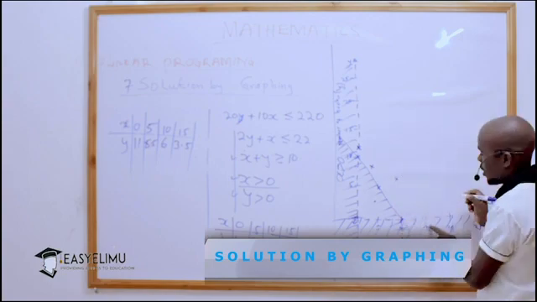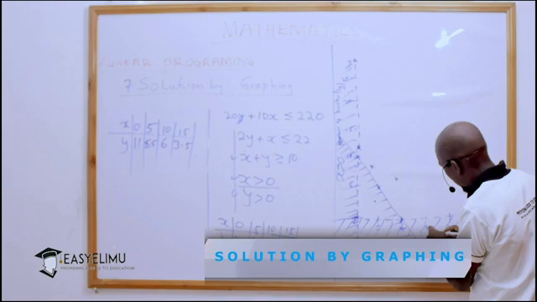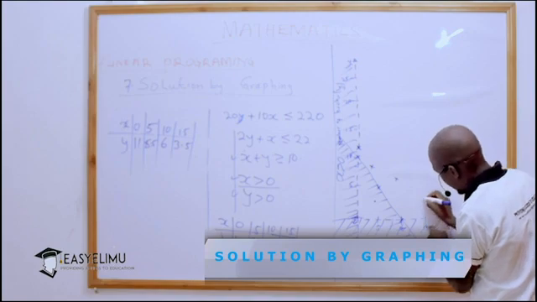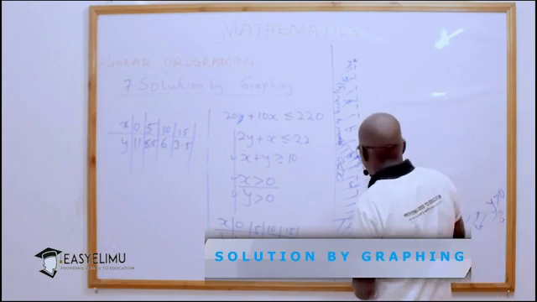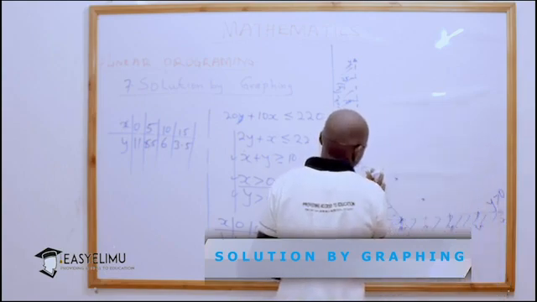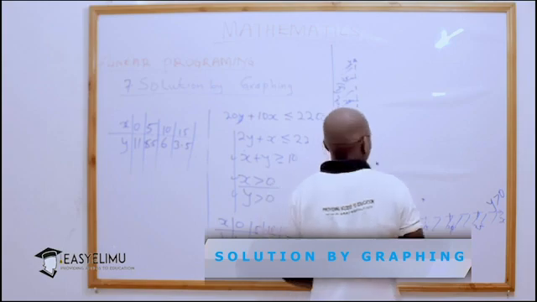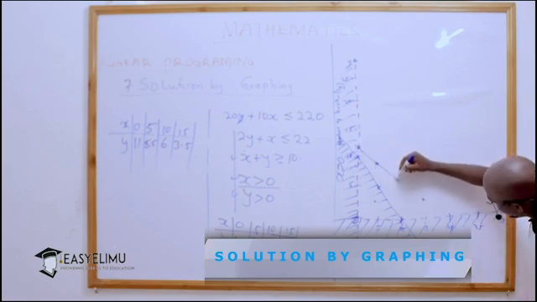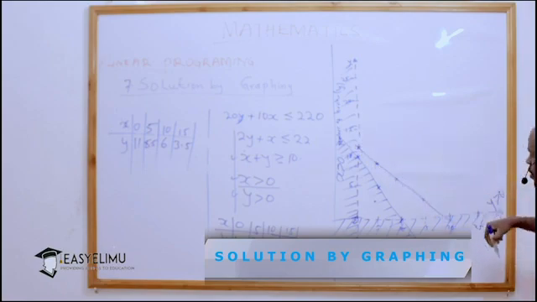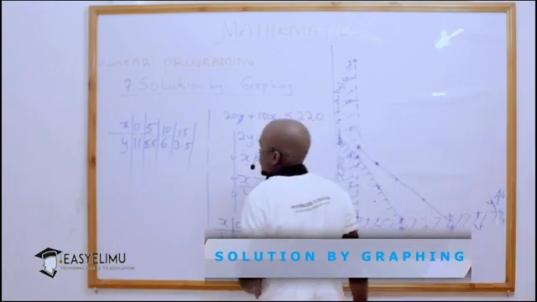And if x is 15, we are going to have y as 3.5, somewhere here. So we find it is a line passing through this point and cuts the x-axis at that point.